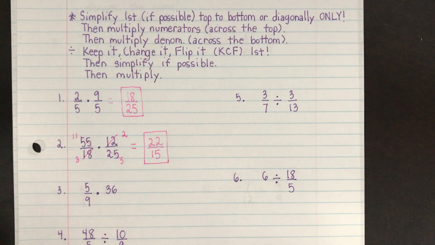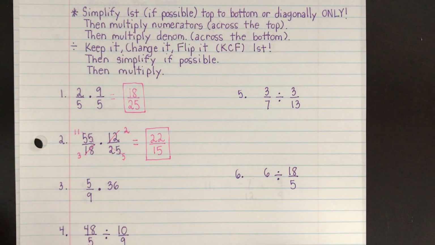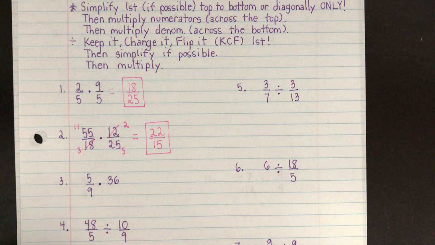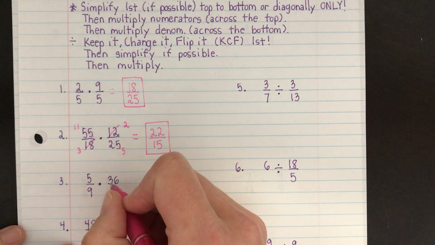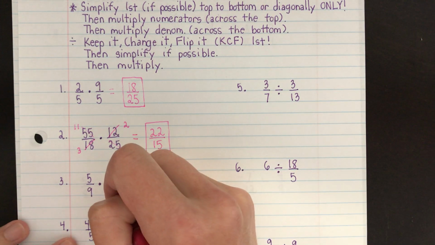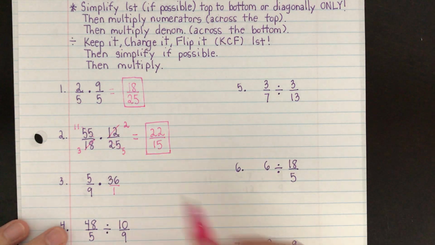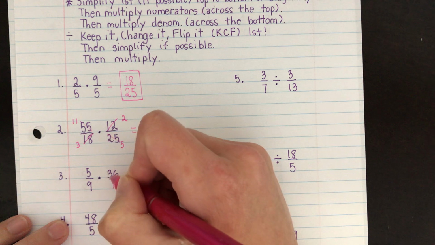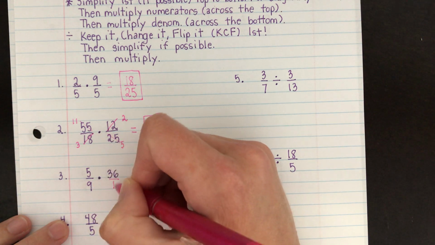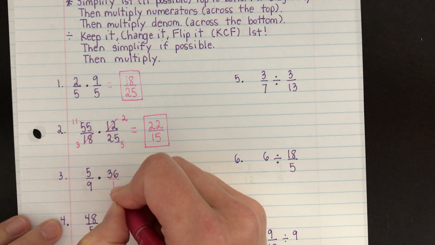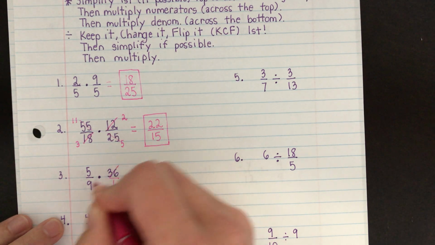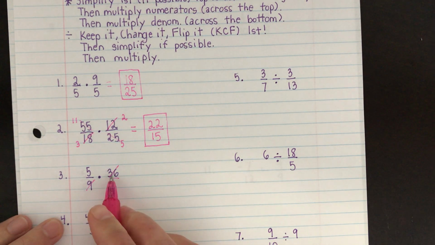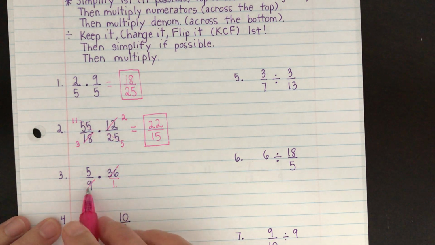Okay, next problem, 3. 5/9 times 36. So remember when you're dealing with an integer, or a whole number, that's what an integer is, it can always be written as over 1. So we've got this 36 over 1 here. So again, remember, you'll simplify first, top to bottom, nothing simplifies, and then diagonally if possible. And here diagonally we can't simplify, but here we can. Both of these values are divisible by 9 if we go as high as we can go.